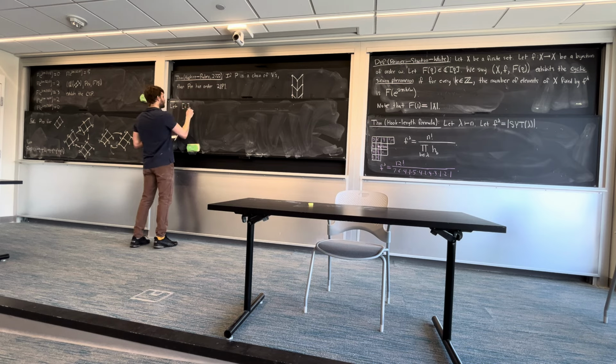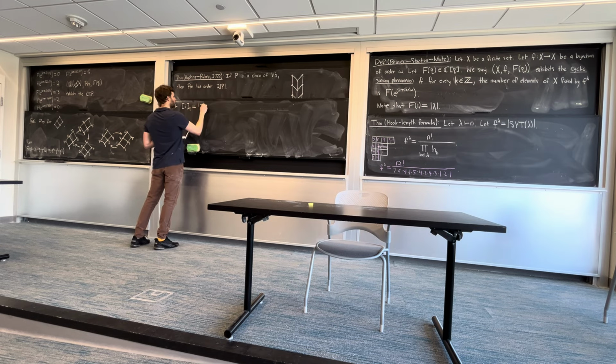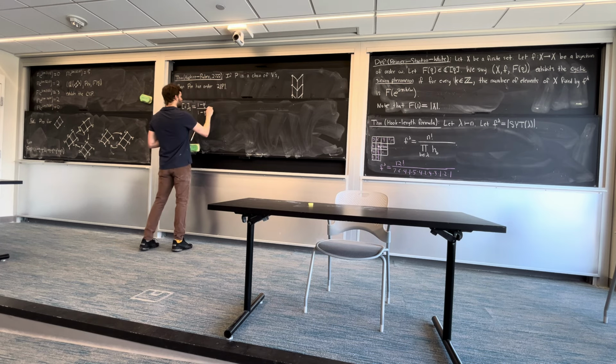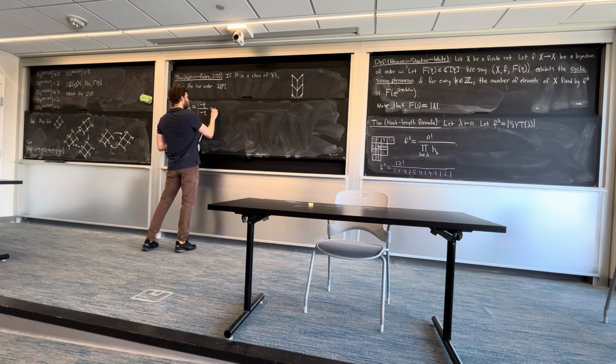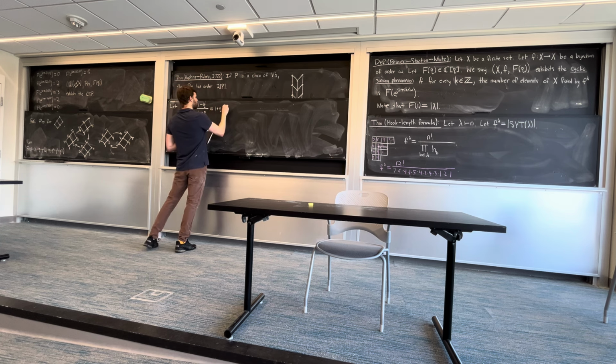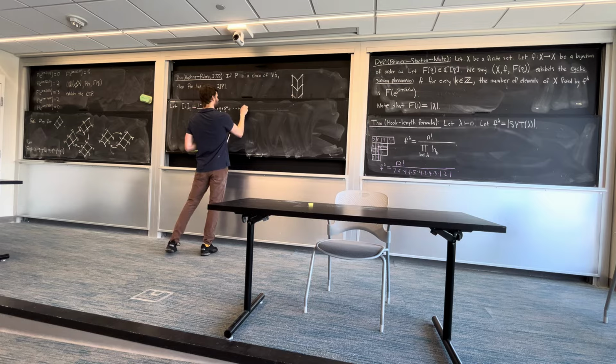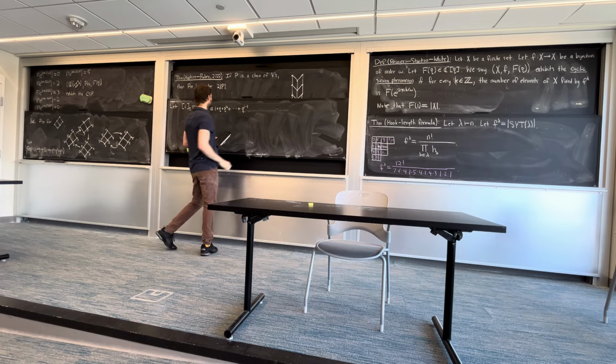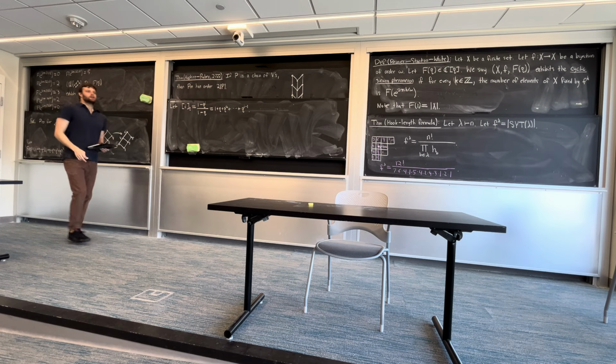Bracket I, q is going to be 1 minus q to the I divided by 1 minus q. Or you can just write this out as 1 plus q plus q squared plus and so on, plus q to the I minus 1.